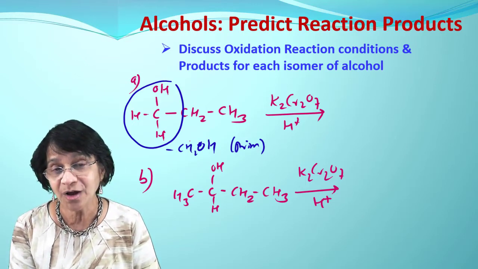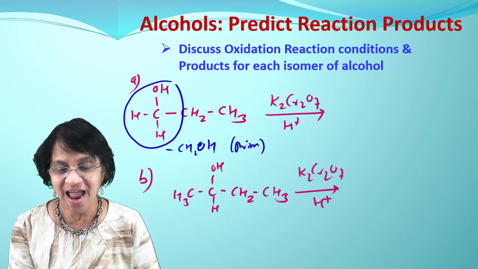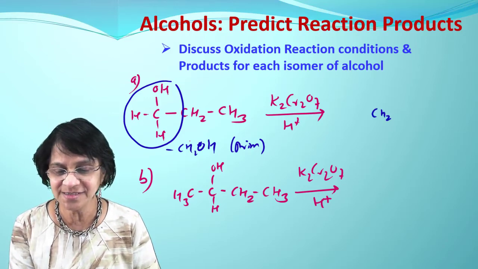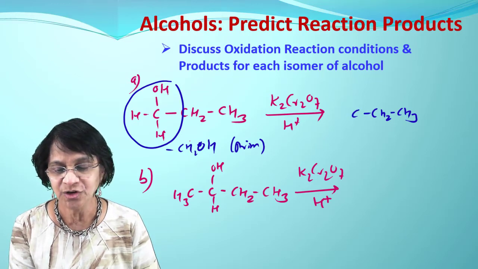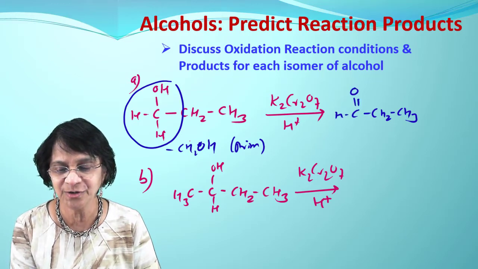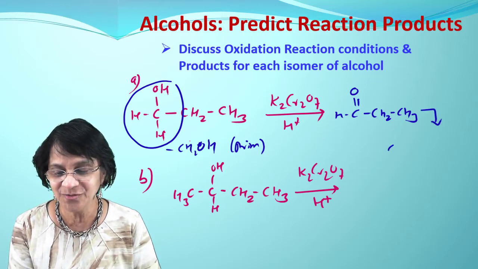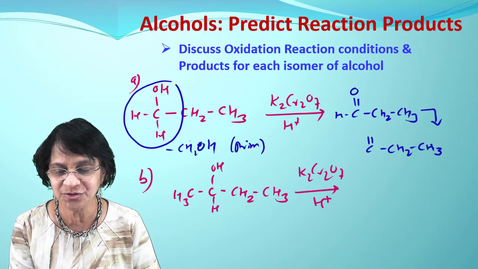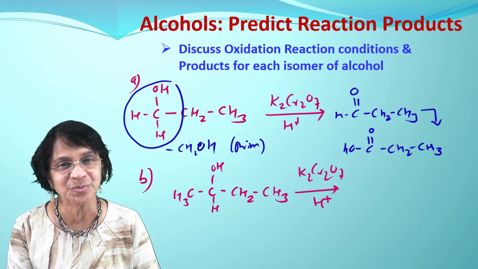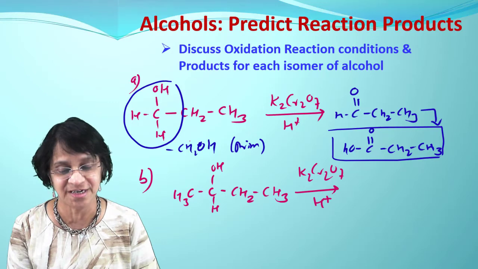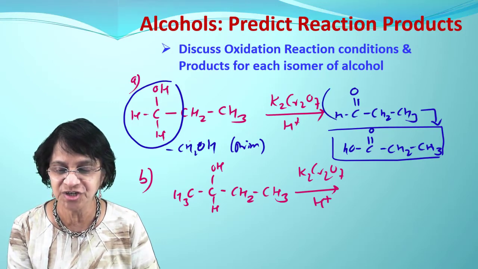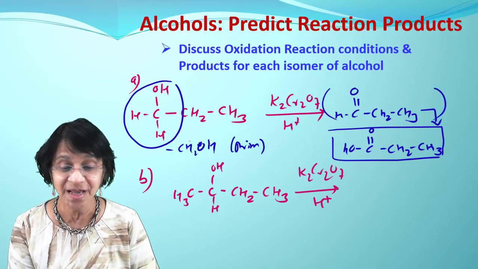Primary alcohol goes through 2 stages, and we get everything else the same except that the alcohol group is converted to an aldehyde group first. If you continue further, that aldehyde group is converted to an acid group. That will be our final product if we continue the oxidation, and the aldehyde will be the intermediate product if we stop in between.